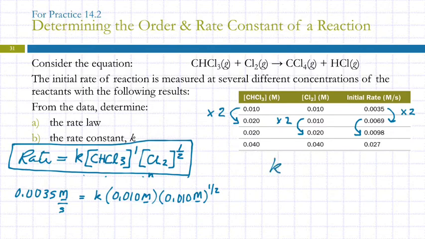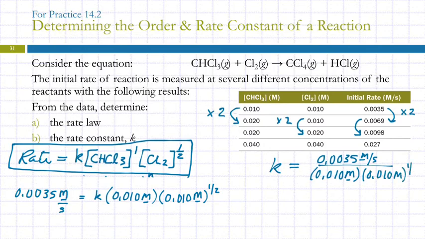So the rate constant then, let's just do the math and then worry about the units because those are going to be ugly, aren't they? 0.0035 divided by 0.01 divided by 0.01 raised to the 0.5 power.